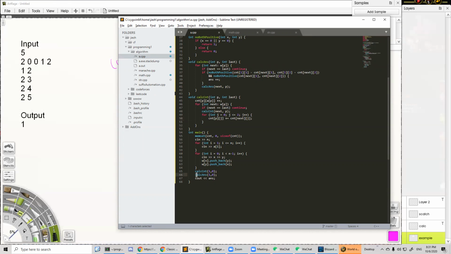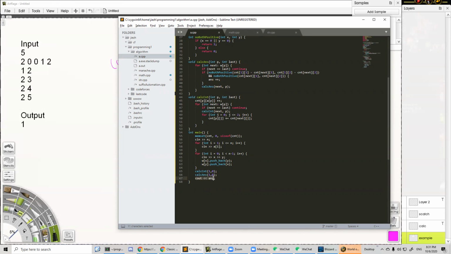And then we are going to calculate the final answer just by using the little function we described before. This is the part where we decide if an edge is a good edge or not. If it is a good edge, we're going to increase the final answer by 1.